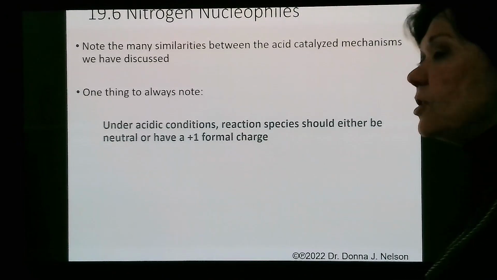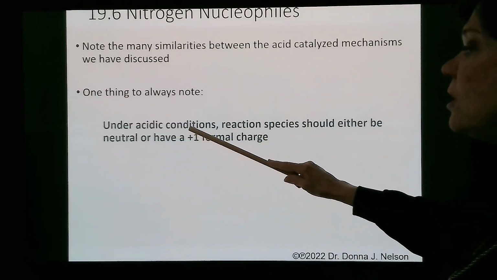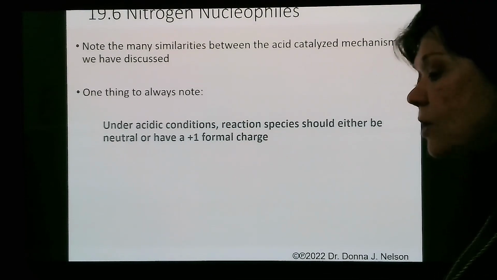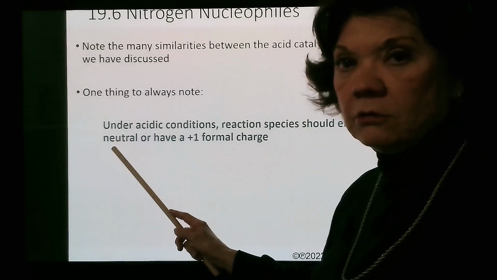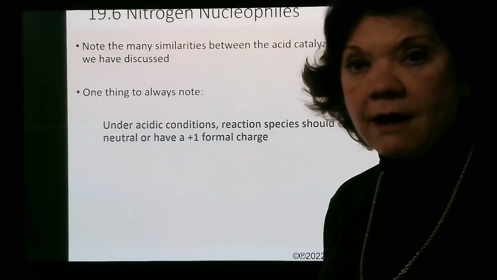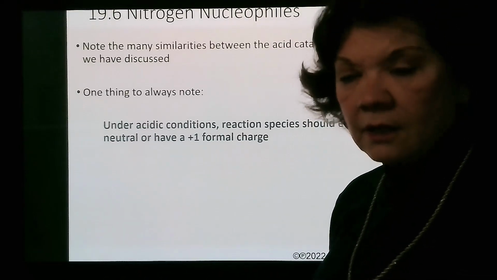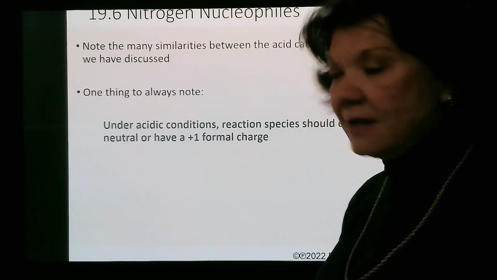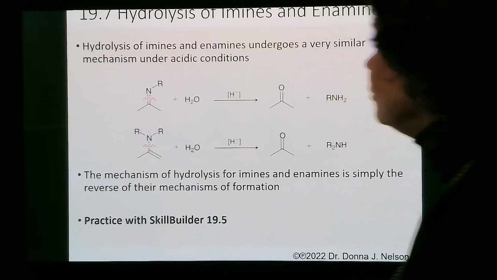So there are many similarities all along the way, but one that must be emphasized is that under acidic conditions, you will always have compounds that are either neutral or positively charged. You will not have anions present under acidic conditions. So if you're drawing a mechanism, you never want to draw an anion if the reaction is taking place under acidic conditions.